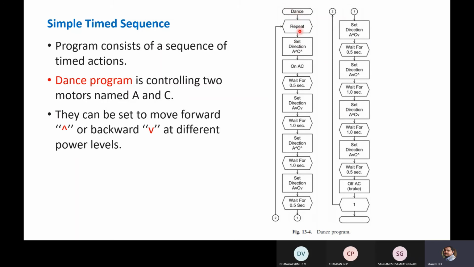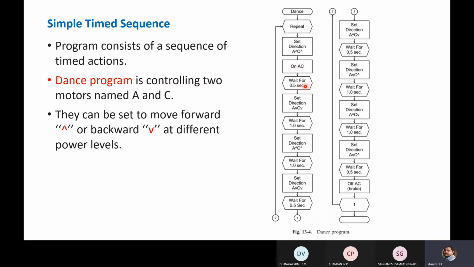Here also there will be a repeat until loop. First set the direction of motors A and C. This symbol represents setting the direction of motor A forward. Again, motor C also forward. Next, on motors A and C. On AC means on motors A and C.